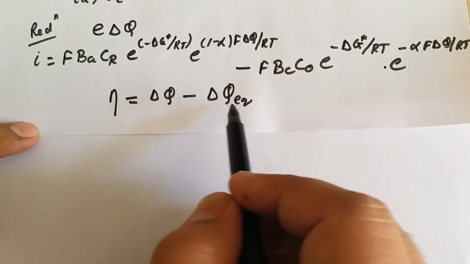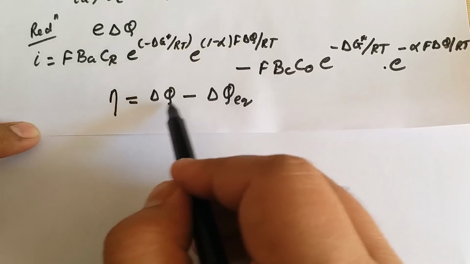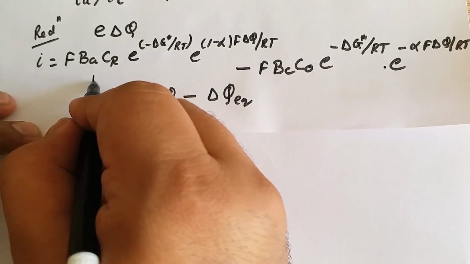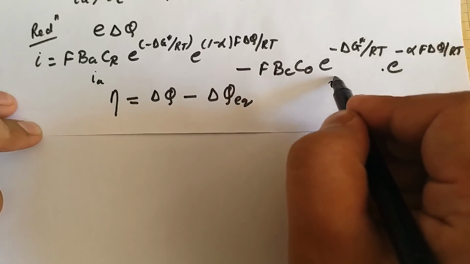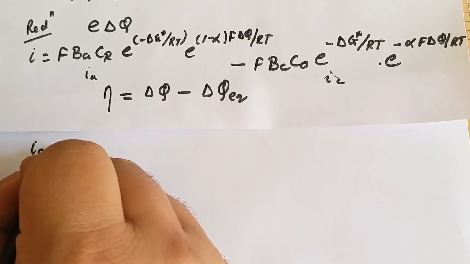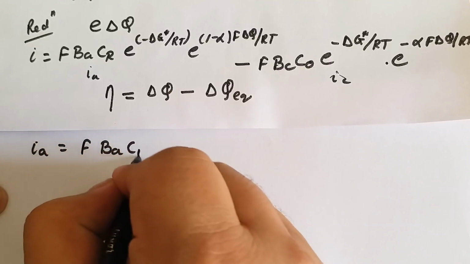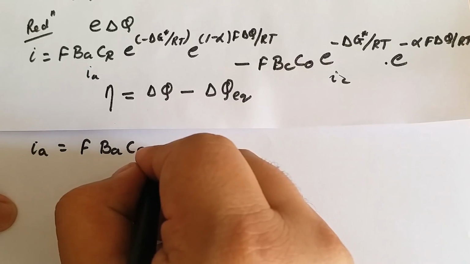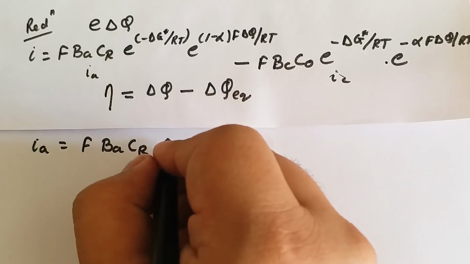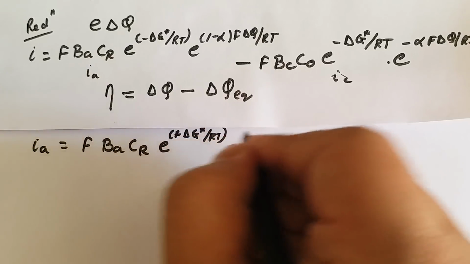So I can rearrange this term and then substitute the value of Δφ in the above representation, and I will solve it individually for ia and for ic. So the anodic current density ia can be written as F into ka into CR into e to the power minus ΔG* upon RT.